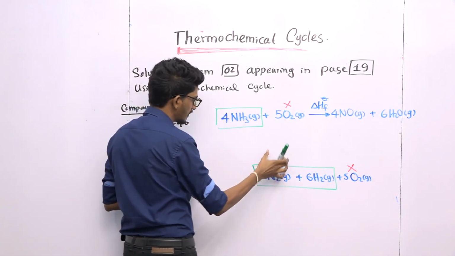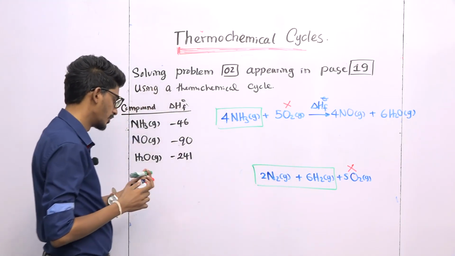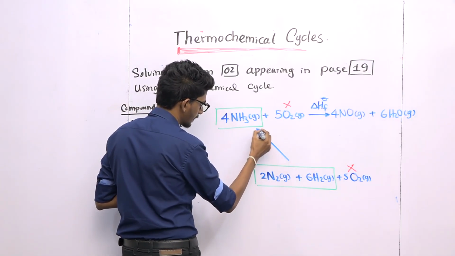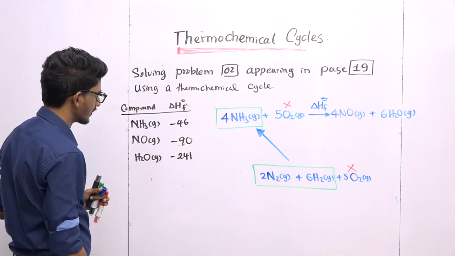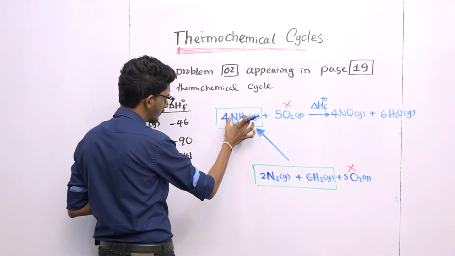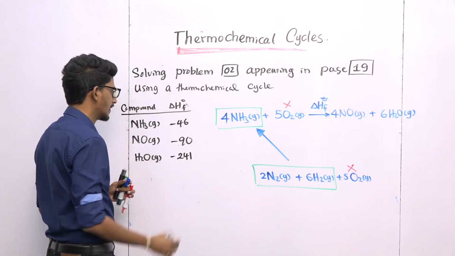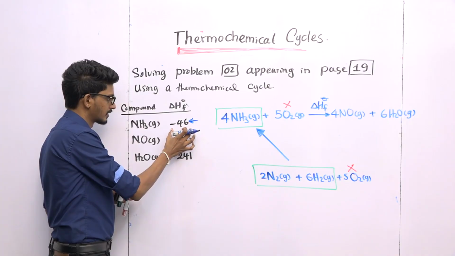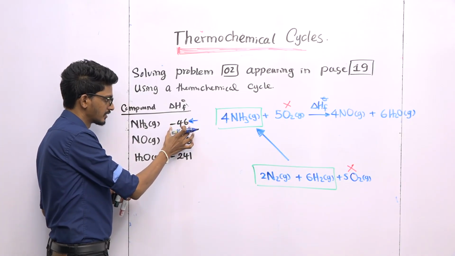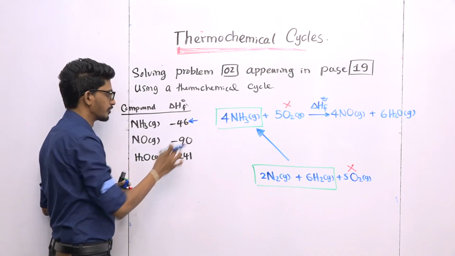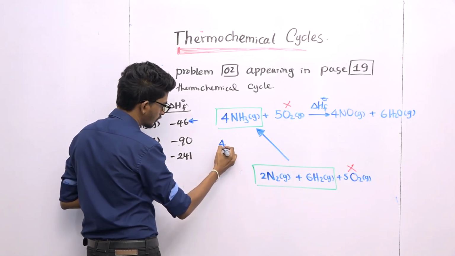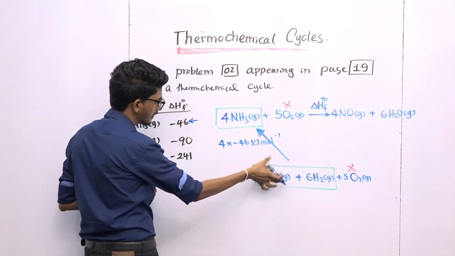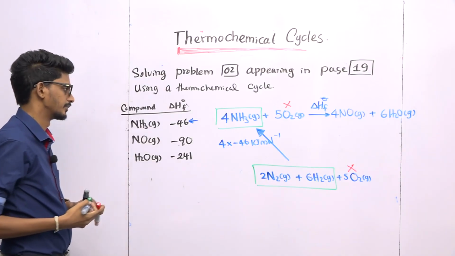So we can relate these two with the use of a formation enthalpy. Reference states are converted to a compound. But you are not supposed to form only 1 mole of the compound, but 4 moles. 1 mole of compound needs minus 46 energy change, but you now have 4 moles of compound, so you need 4 times minus 46 kilojoules per mole energy change to convert the elements completely to 4 moles of NH3.